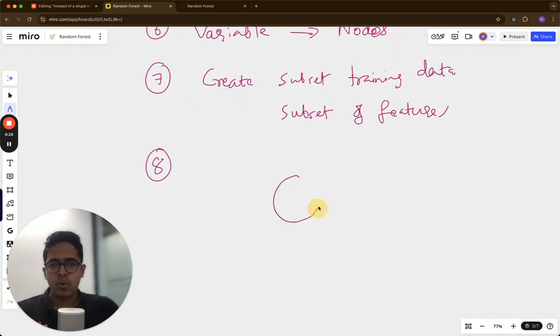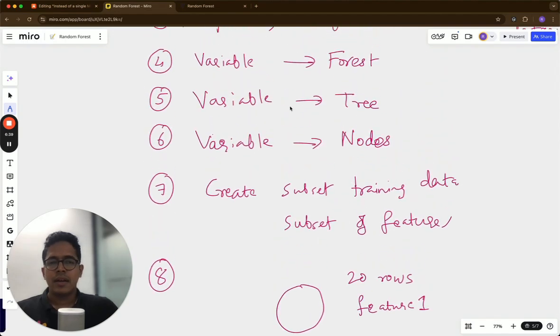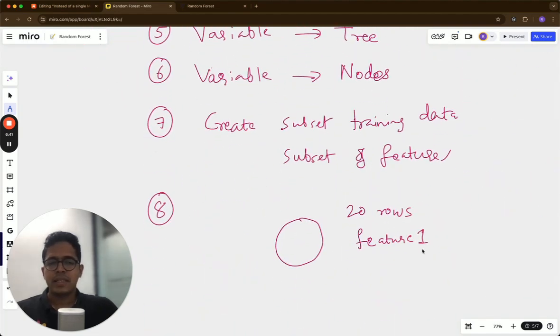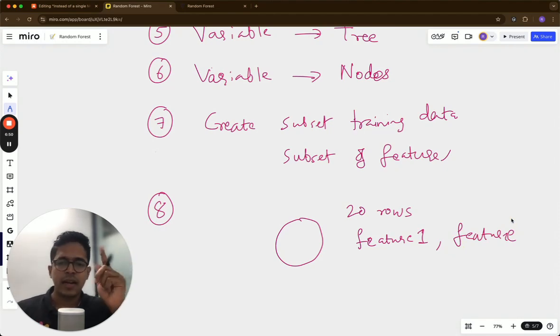Now let us look at a tree level, right? So we will have a root node into which a subset of training data, maybe 20 rows, and one of the features, feature 1 or something like that, is coming. This is because of the example, but in a complex example, there will be multiple features because your data set itself will be very big, which means the subset of features will not be just one feature.